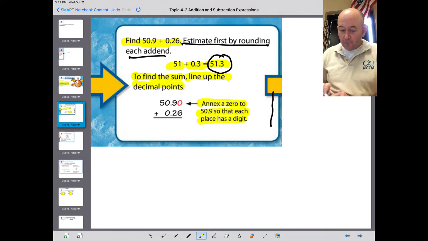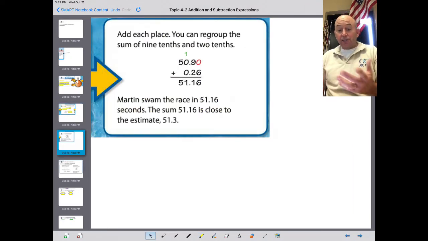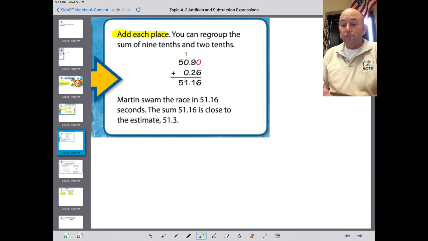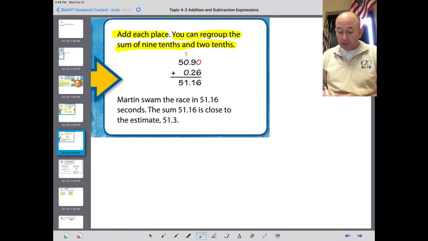The book then goes on and actually does the computation, and they say at each place value you can regroup the sum of 9/10 and 2/10. So you can see that the addition of decimals is pretty much the same as the addition of whole numbers, but what you want to remember to do is bring your decimal point straight down and put it in the correct place in your sum.